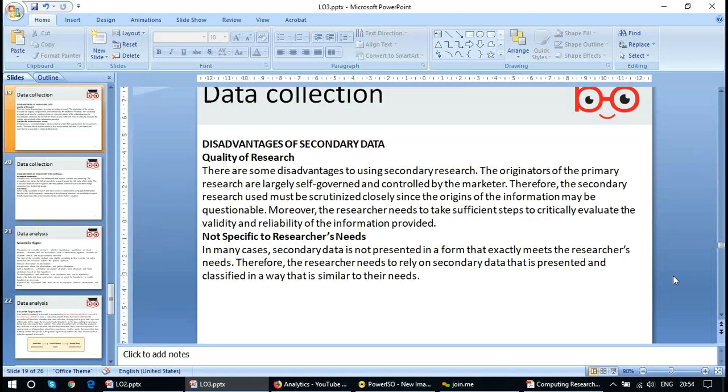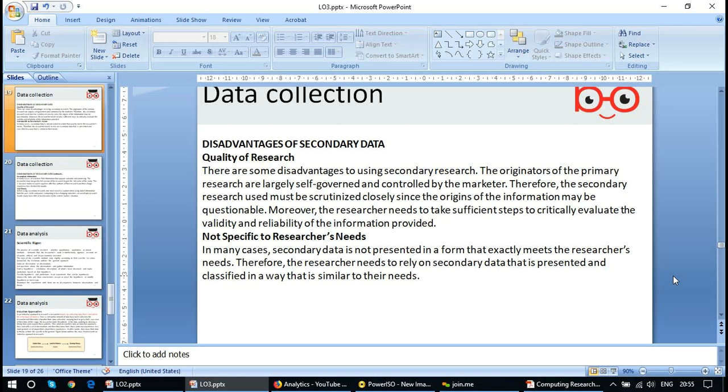Disadvantages of secondary data. The quality of research. You know very well that the originator of primary research is largely self-governed and controlled by the marketer, but the secondary research used must be scrutinized closely since the origin of the information may be questionable, because you don't know who is producing this information. If it was self-governed research, then it could be more authentic, but the quality of research of secondary data is questionable, isn't it?